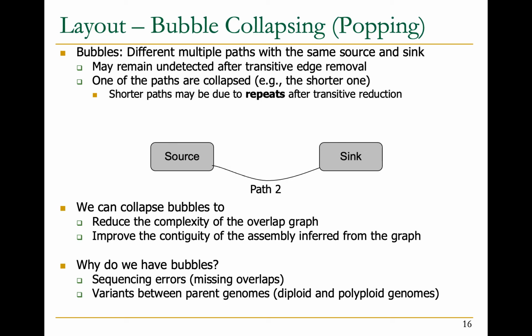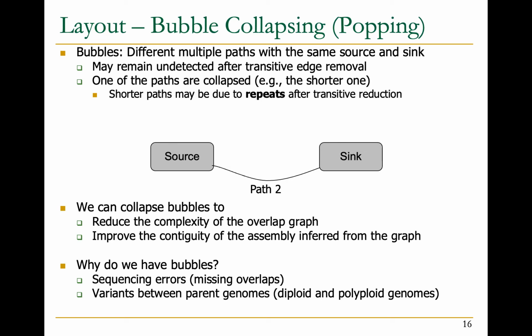So why do we have bubbles? Of course, there are multiple reasons for it. One reason is sequencing errors, where we may be missing some of the overlaps between reads, and that may be creating a redundant connection between the other nodes that would have been solved with additional, more informative overlaps.